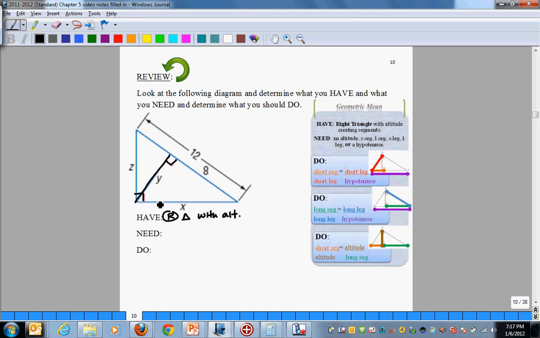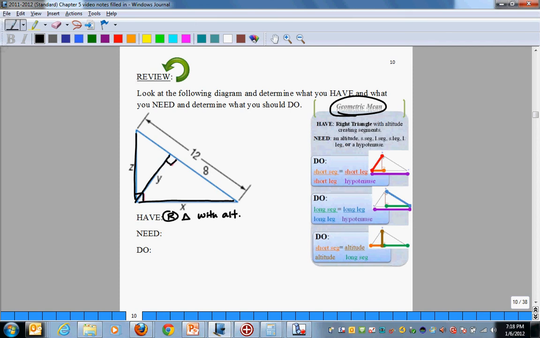And what we need, X would be considered the long leg, Y is the altitude itself, and Z is the short leg. So what allows us to work with long legs, short legs, and altitudes? In this case, we're going to use geometric means. Since we have three variables, we're going to be working with three different scenarios.